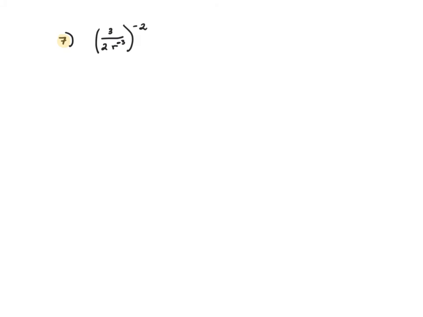All right, so instead of raising everything to the negative 2, I would suggest when you see something like this to deal with the fact that everything's being raised to a negative. So the first thing I'm going to do is flip everything. I'm not going to change it. I'm just going to flip it and make this a positive.